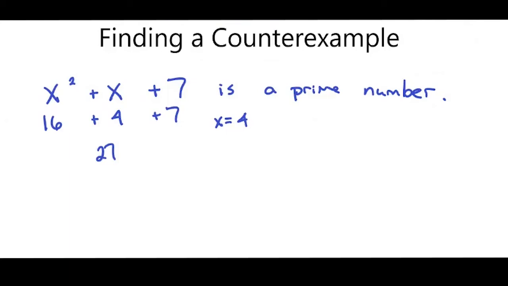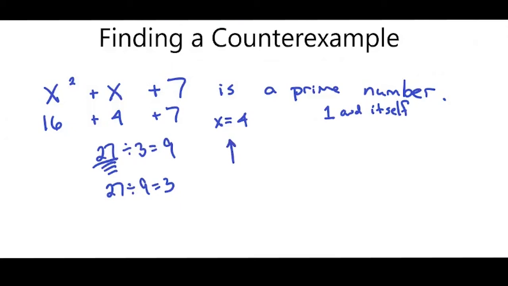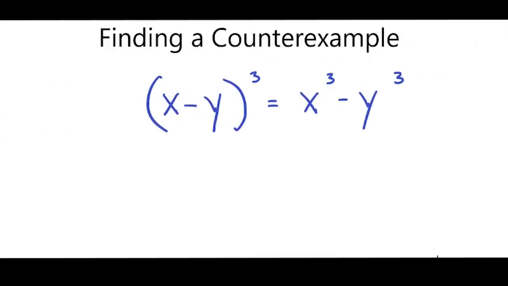And I know that 27 is not prime. Remember that prime numbers can only be divided by 1 and itself. Now, 27, I could divide 27 by 3 and get 9. I could also divide 27 by 9 and get 3. Therefore, 27 is not prime. So the number 4 is our counterexample.